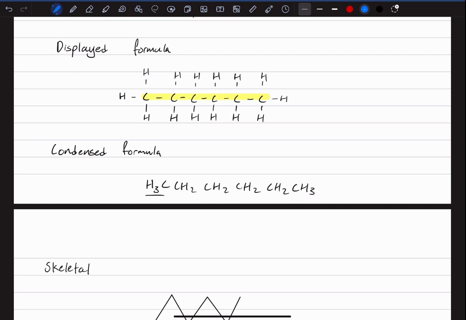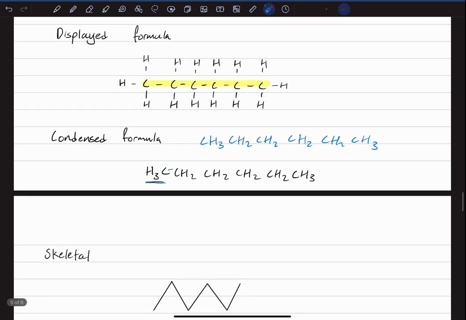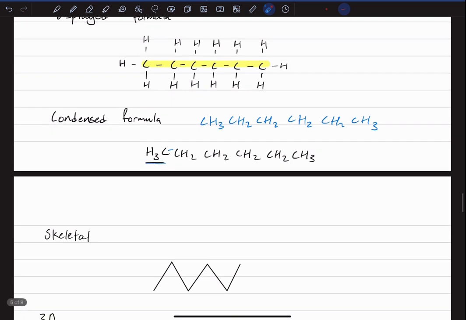Sometimes this is also shown as CH3, CH2, CH2, CH2, CH2, CH3. Just the start is a bit different, as some people prefer to show this carbon-carbon bond, where sometimes it doesn't really matter for some people. Both of these could be seen in the exam, however.